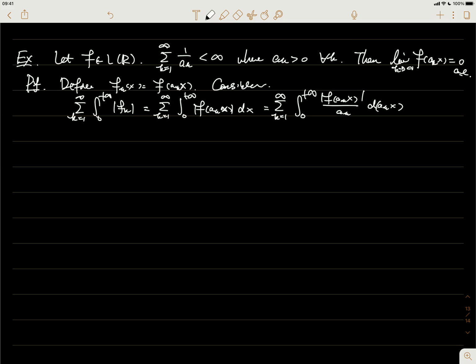I call it, for example, u again. Then it will just become the integral of f(u) divided by a_k du. We can apply absolute value. We don't need that absolute value for the denominator since it's positive. Okay, so now I have this, where this a_k can be pulled out because it's constant.